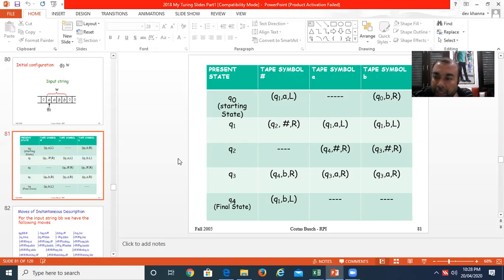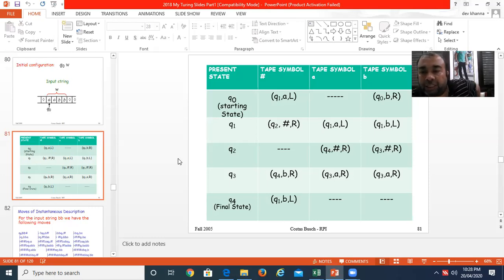But if hash occurs, hash denotes the blank symbol. Q4 blank: you switch from Q4 to Q1, convert this blank into B and take a left turn. Now I think this transition table is clear to everyone.